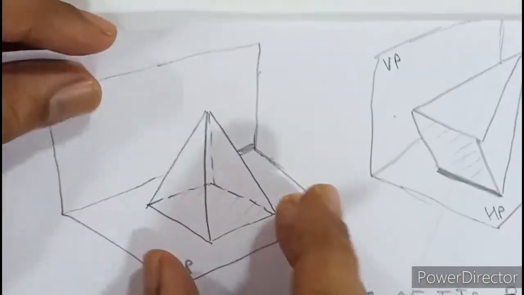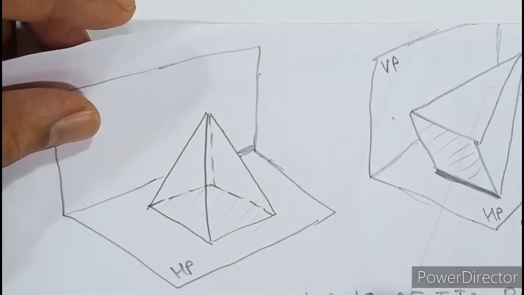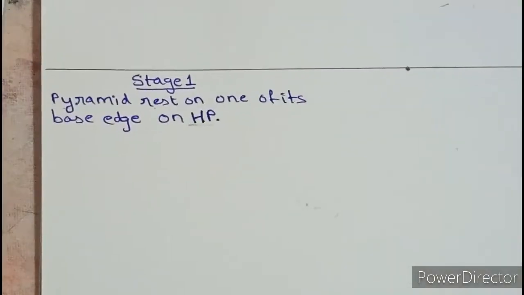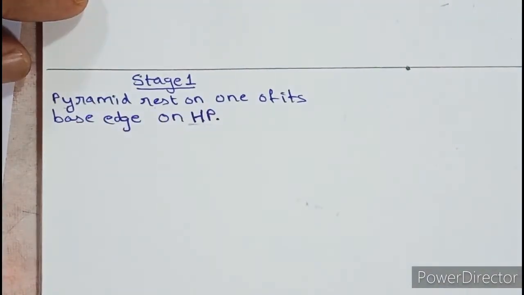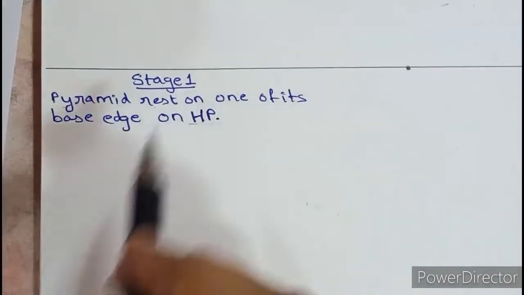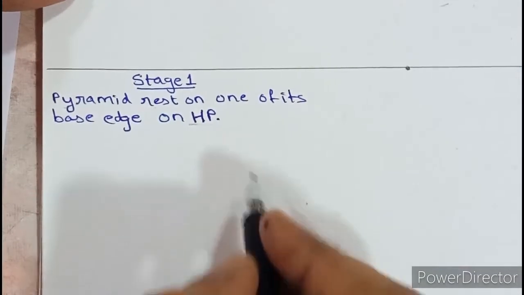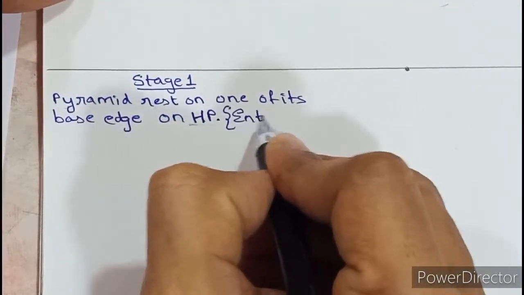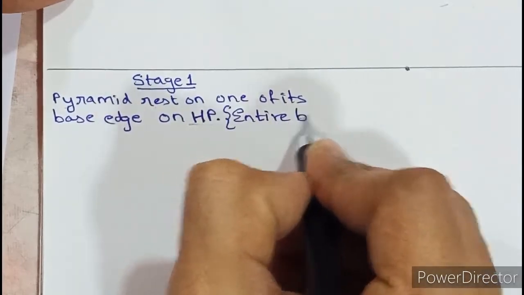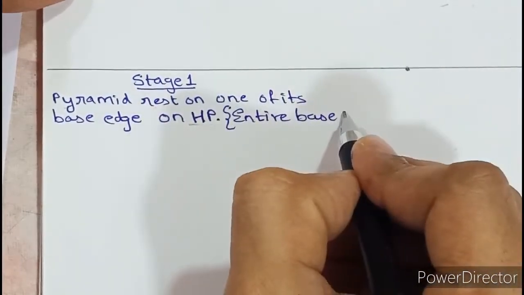Why it is so, you'll come to know as you proceed slowly. So let us go back to the question. Whenever you find pyramid rests on one of its base edge on HP, understand that this can be satisfied in the second stage. So in the first stage, you should say that the entire base rests on HP.